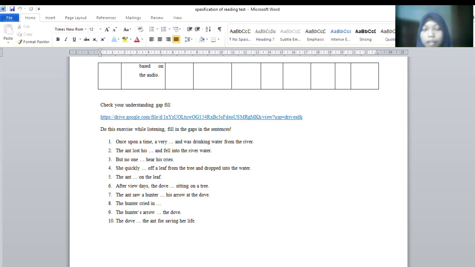Here, the teacher will play audio 2 times, and the student will fill in the word gaps for the empty sentence. There are 10 items for the question of listening test.